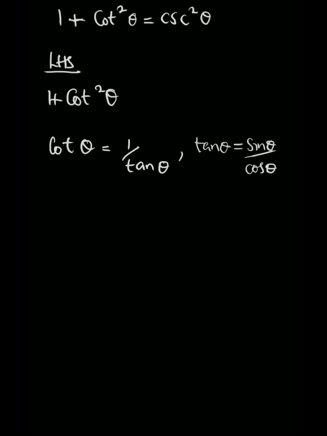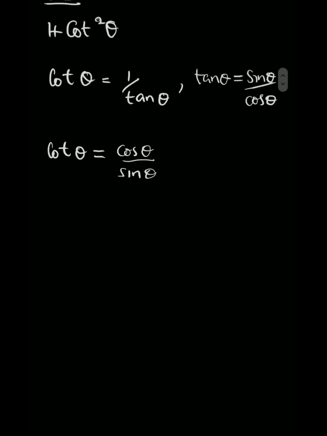So meaning that since our tan is equal to sine over cos, it will therefore give us our cot theta to be equal to the reciprocal of that, which is just cos theta over sine theta.